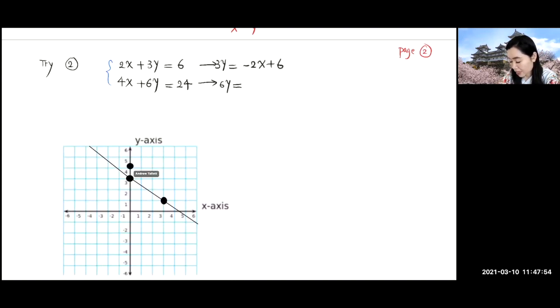To isolate the y, we divide both sides by 3. And then we get y is equal to negative 2 over 3x plus 2. That's the first equation. For the second one, I first isolate 6y. So 6y is equal to negative 4x plus 24.